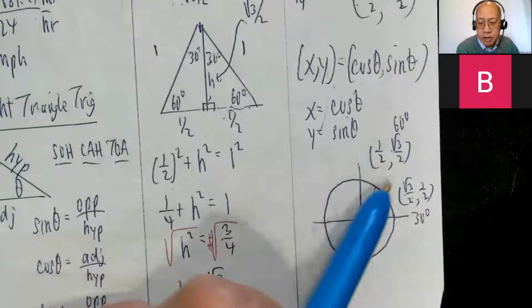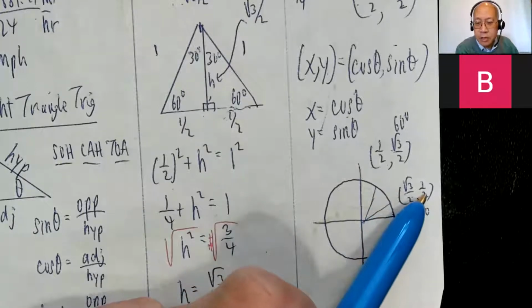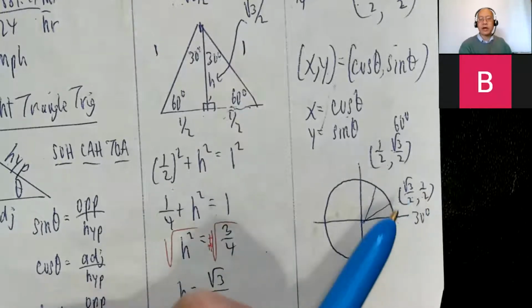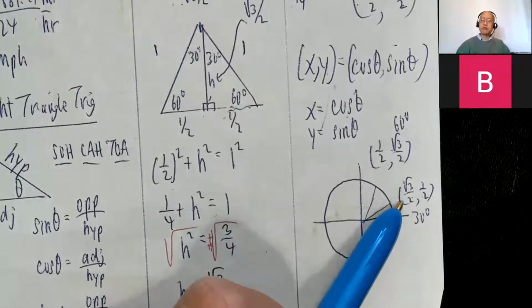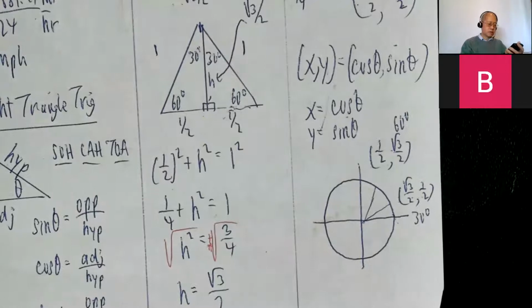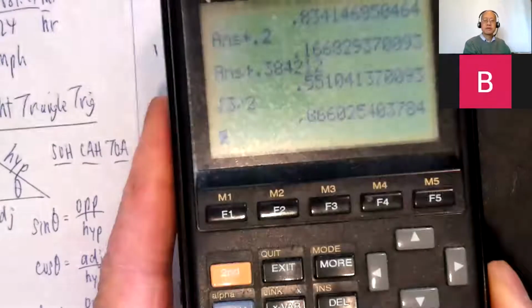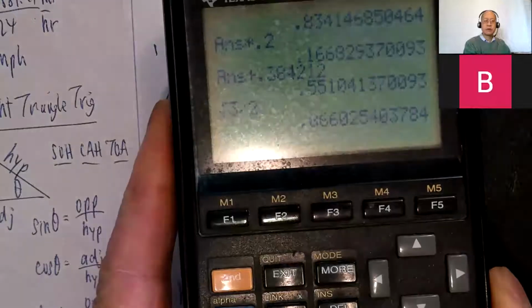So, among other things, this is the point radical 3 over 2, comma a half. And by the way, you might say, how do you know that? Okay, radical 3 over 2 is way more than a half. I think it's like 0.866. Here, let me try that for you quickly on my calculator. Square root of 3 divided by 2. 0.866. It's way more than half.